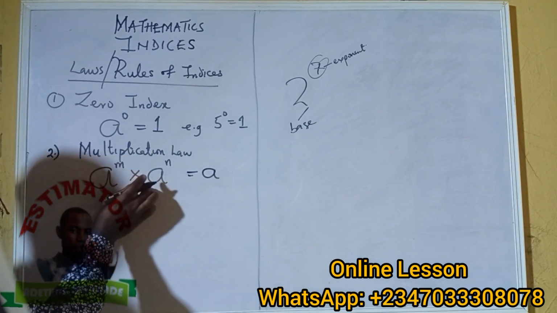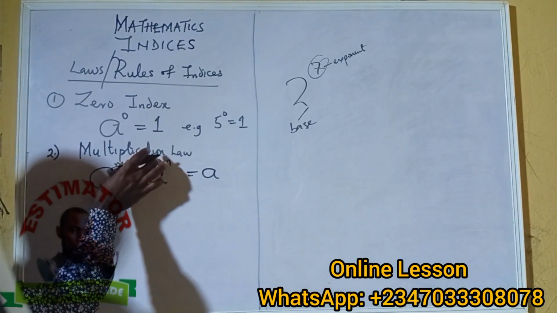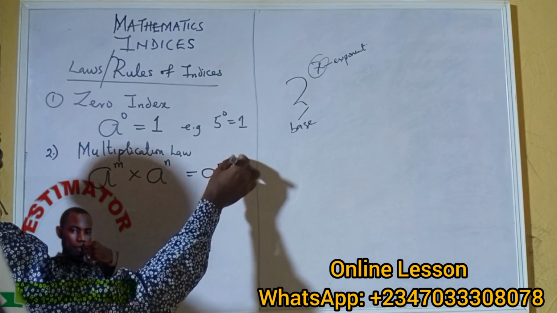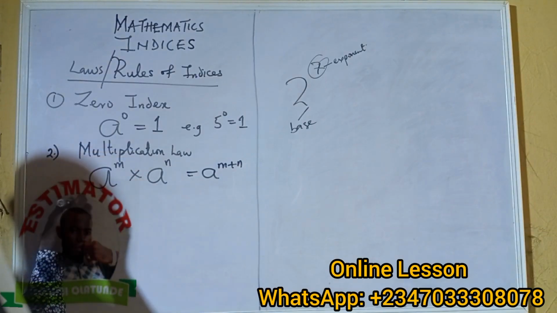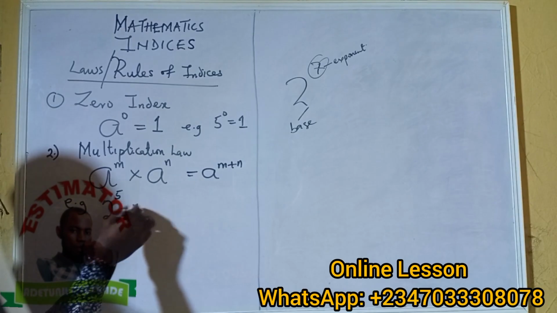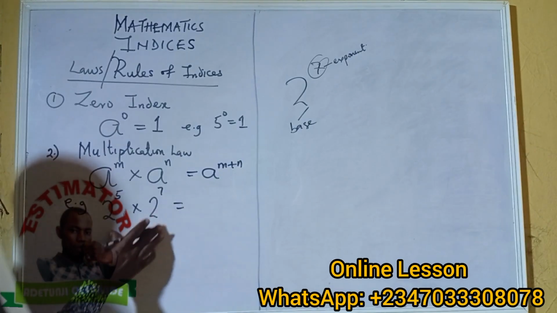The operation is multiplication. When you have multiplication as your operation, it shows that you are adding the exponents, the powers. So for example, if I have 2 exponential 5 multiplied by 2 exponential 7, what will be my answer?